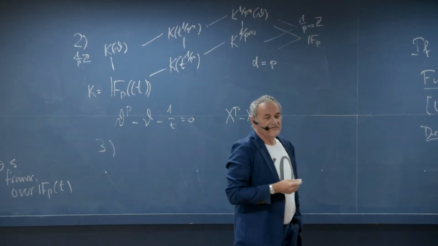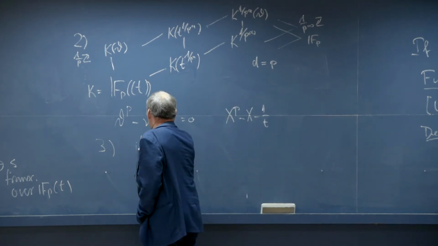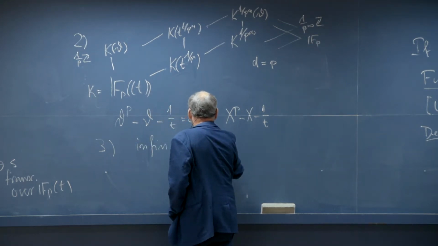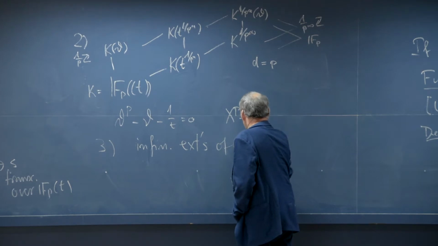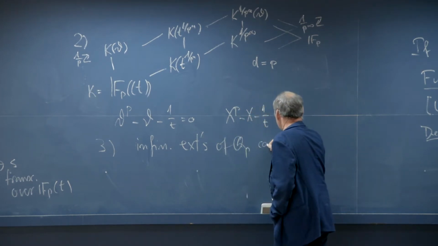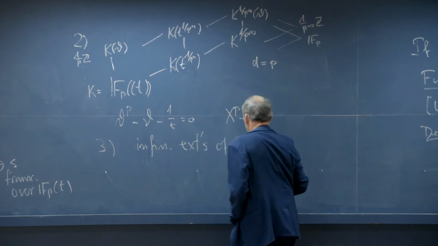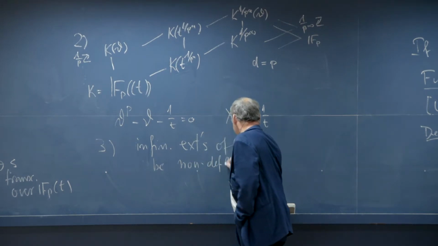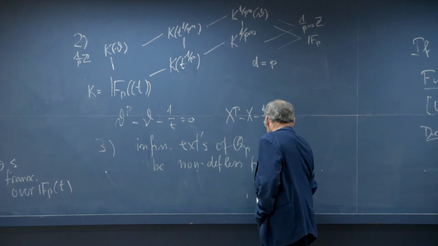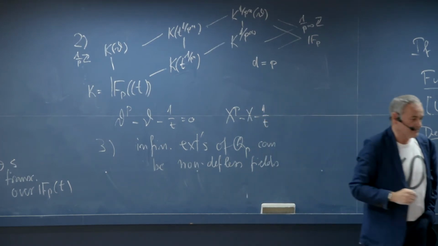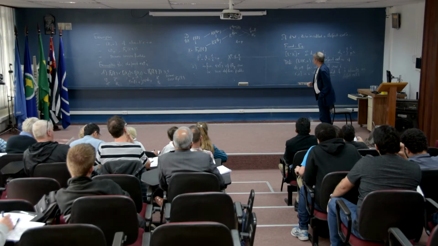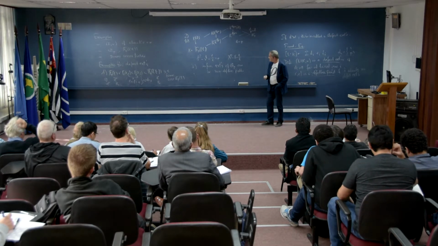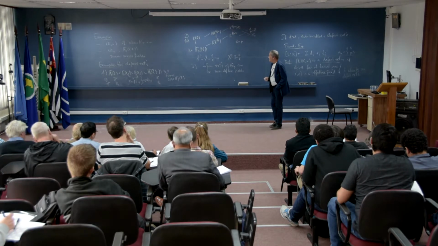But if you do infinite extensions of Q_p, they can be non-defectless fields. So for instance, you may have heard about, and it came up in the last decade or so, the deeply ramified extensions of Q_p. These will deliver such bad fields.